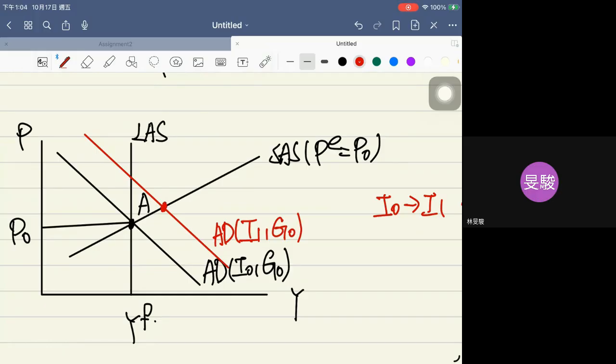The intersection point is the short run equilibrium, Y1 and price level P1.